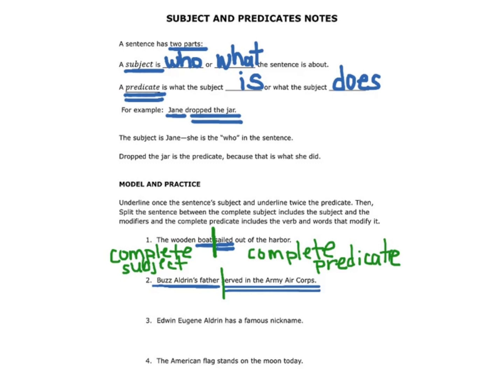Edwin Eugene Aldrin has a famous nickname. Number 3, Edwin Eugene Aldrin has a famous nickname. I'm going to give you a few seconds to single underline the complete subject and double underline the complete predicate.